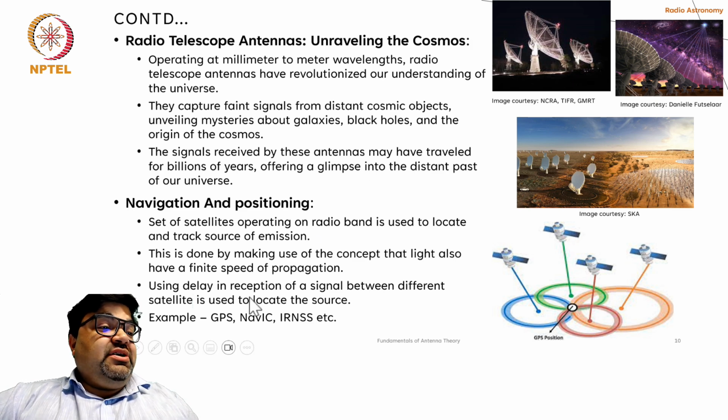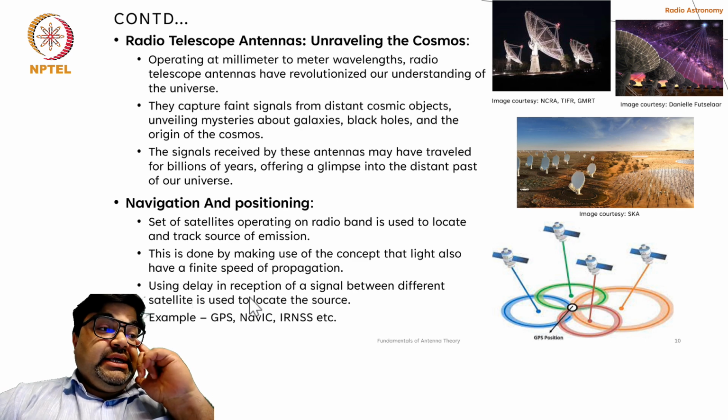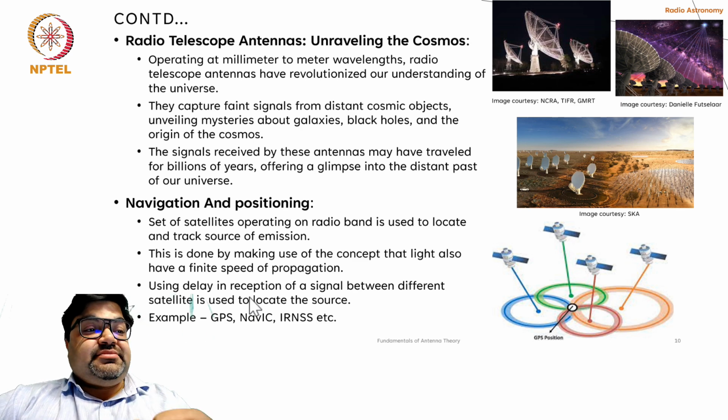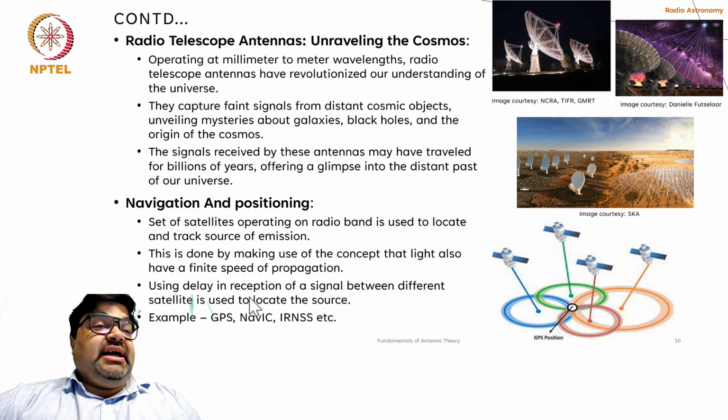Apart from that, we also have radio antennas being used for navigation. Nowadays, we rely heavily on Google Maps to travel from one place in the city to another. But the same GPS is also used by aircrafts, ships, and everything else to determine the position of where we are.